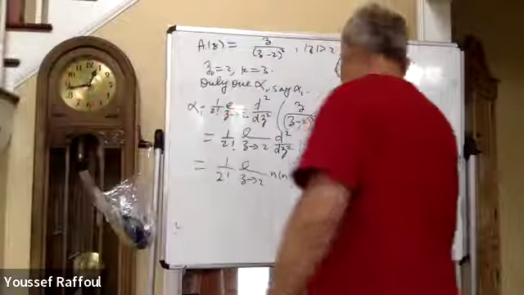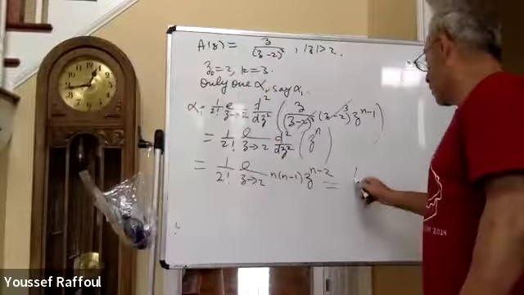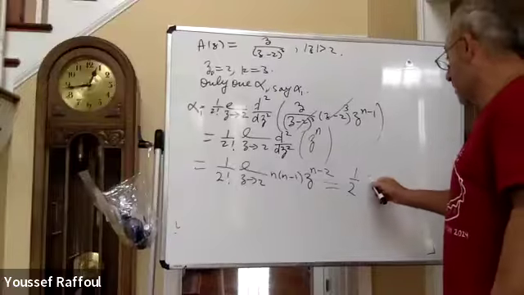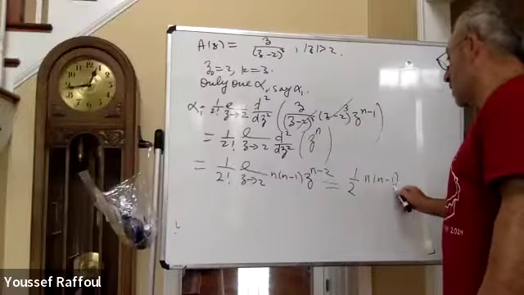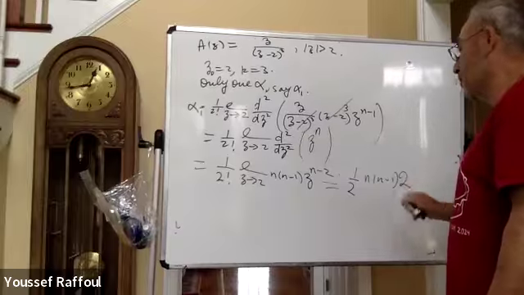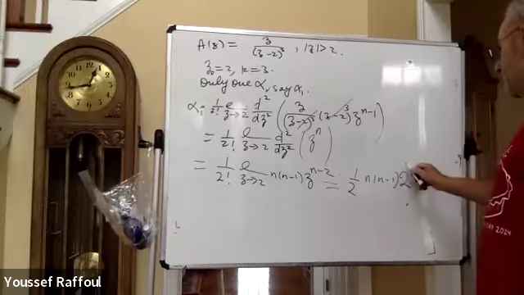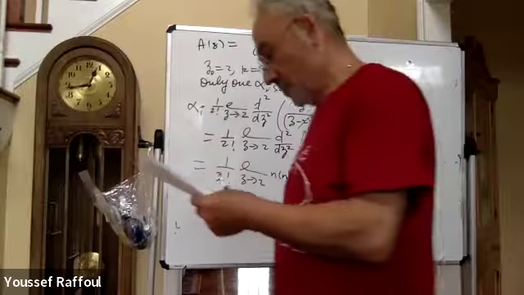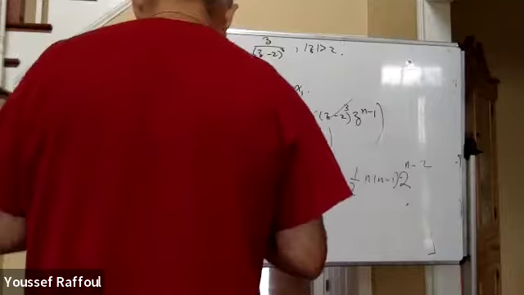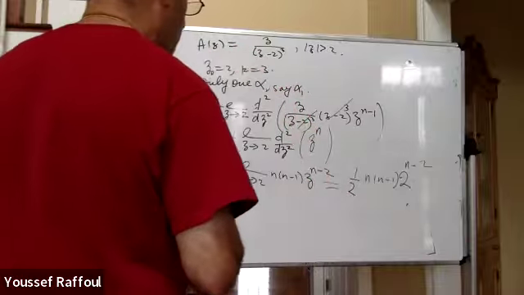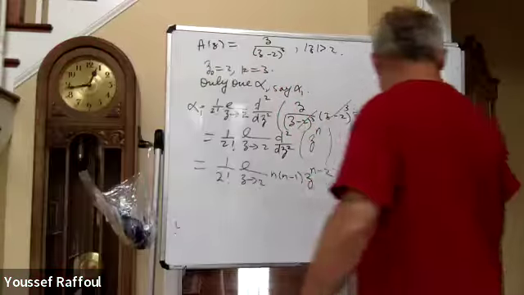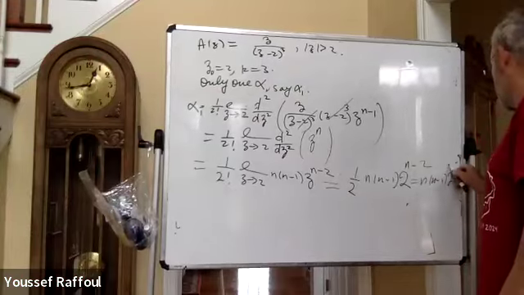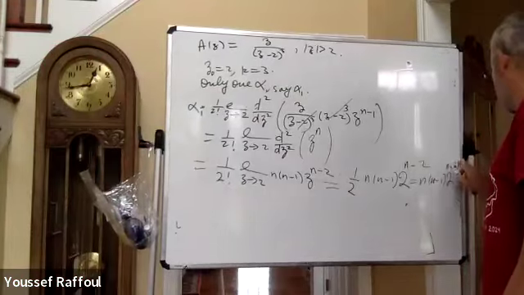And that is 1/2 times n times n minus 1 times 2 to power n minus 2. And that is n times n minus 1, 2 to power n minus 3.